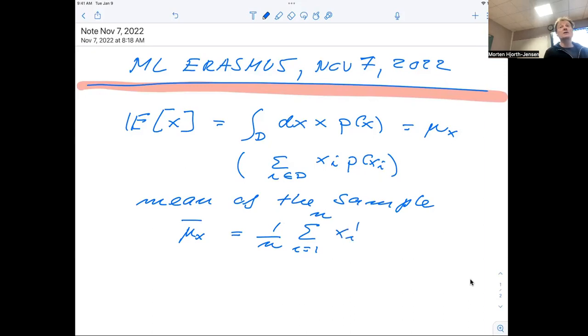When I say the sample mean, this is the quantity we evaluate, and it is normally not equal to the true mean. However, if you follow Bernoulli's law of large numbers, when n becomes larger and larger, we are supposed to get closer and closer to the true mean value. So in principle, traditional machine learning does not assume that we know the underlying probability distribution.